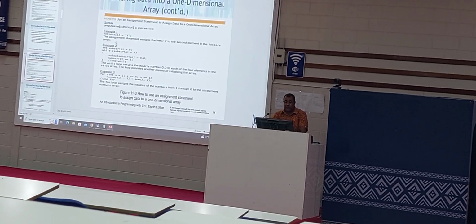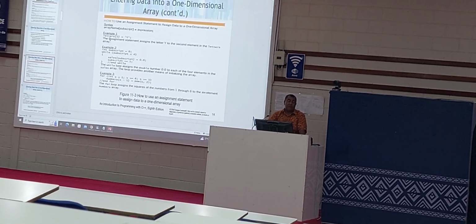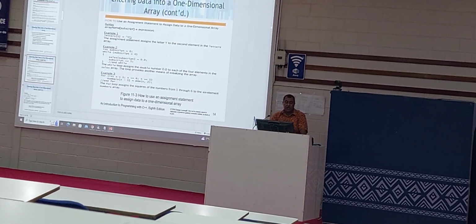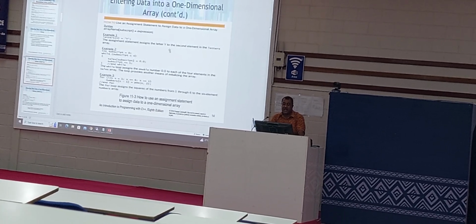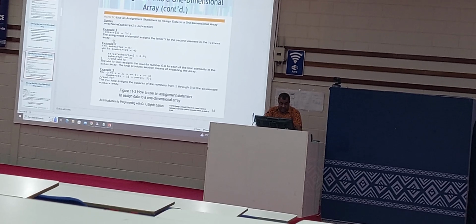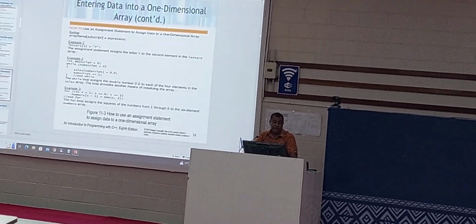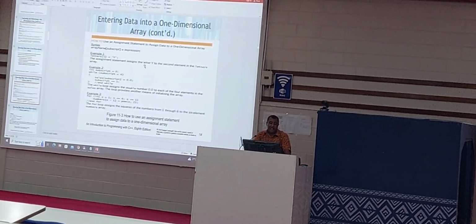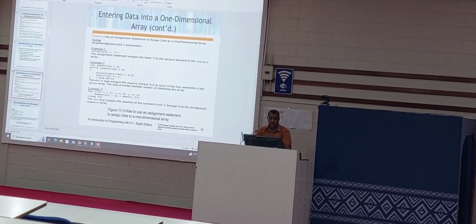Okay, let's look at this example. Letters is the name of the array, the subscript is 1, equal to 'Y'. This is not a declaration statement, it's an assignment statement. The assignment statement assigns the letter Y to the second element in the letters array.